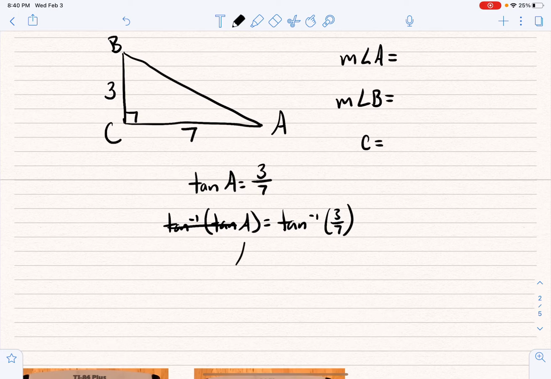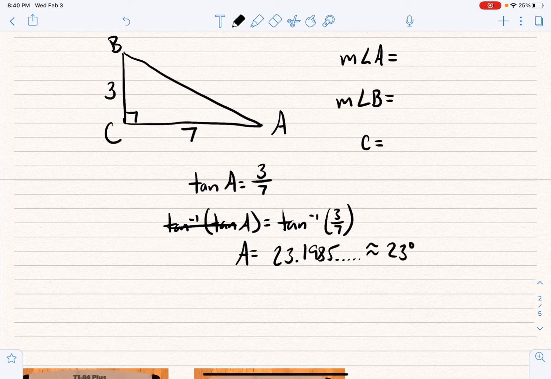These cancel each other out, and I get that A is equal to, grab my calculator, second tangent, the inverse tangent of 3 divided by 7, and you should get 23.1985. So it's approximately 23 degrees.